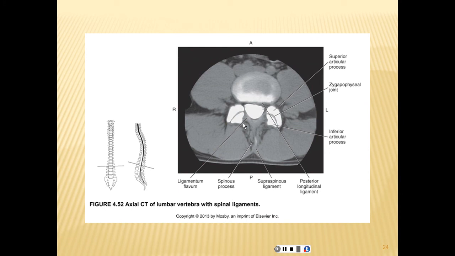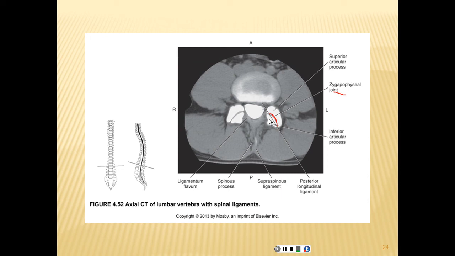CT of lumbar vertebra with the spinal ligaments. Again, be familiar with all the anatomy here. Good image of the zygapophyseal joint. From the superior articular process and the inferior vertebra.